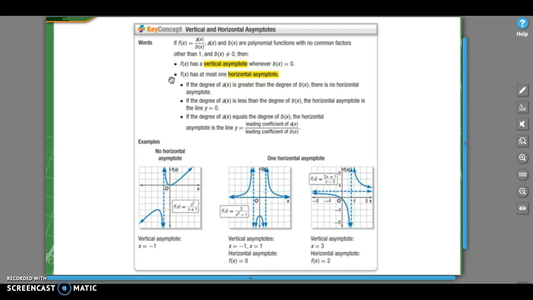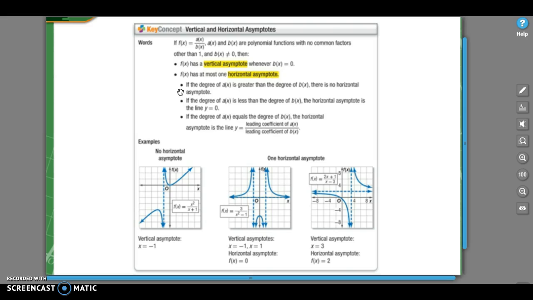It also says f of x has at most one horizontal asymptote. So it either has no horizontal asymptotes or one horizontal asymptote. And the way you can check for the horizontal asymptote would be if the degree of a is greater than the degree of b, there is no horizontal asymptote. So if the top function has a higher power than the bottom function, there's no asymptote.